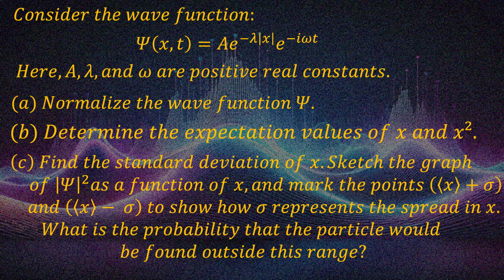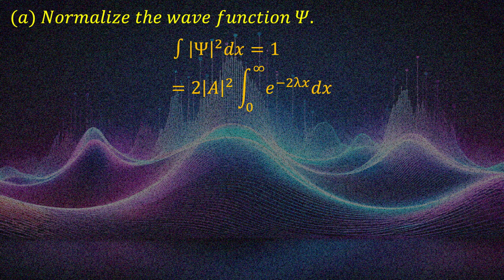In this case, they're giving you the wave function, so we need to square this. When you square the wave function, you get rid of that e to the minus i omega t factor, so you're just left with this equation.